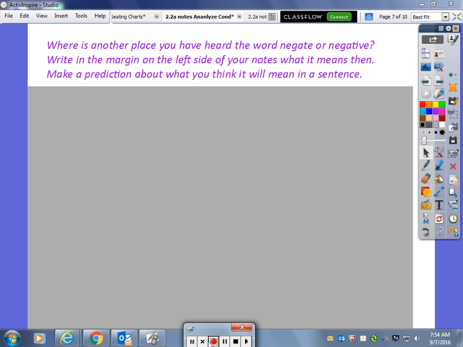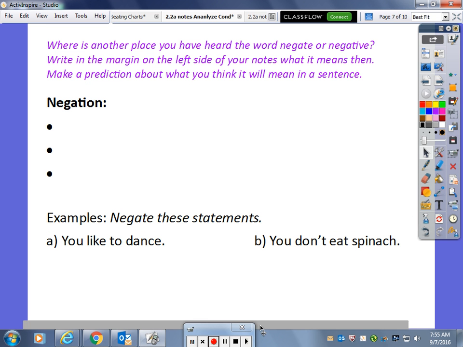And also you can make a prediction about what you think it will mean in a sentence and in the context that we are discussing here.